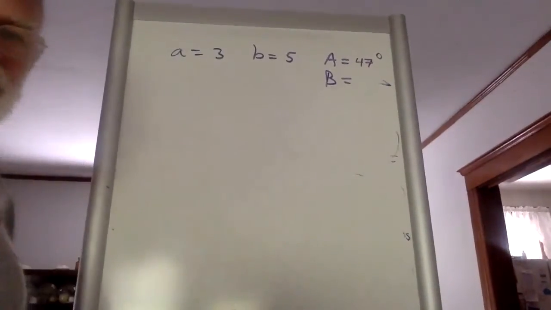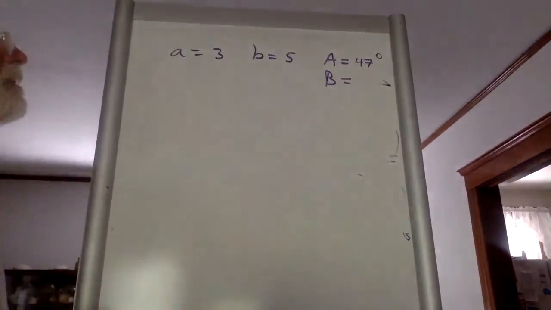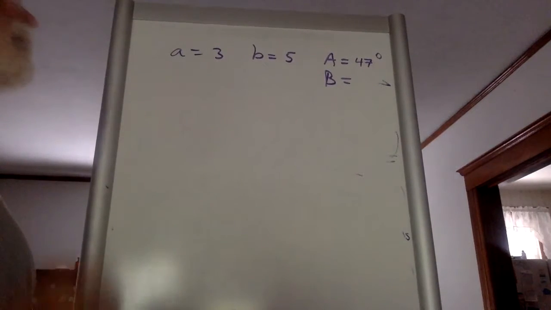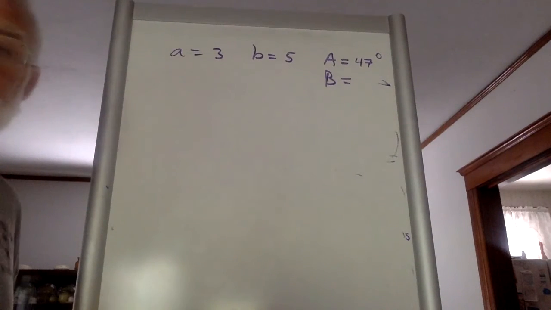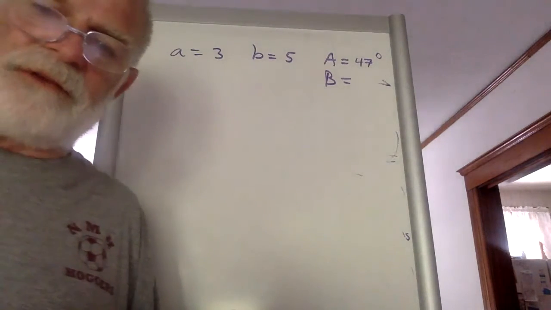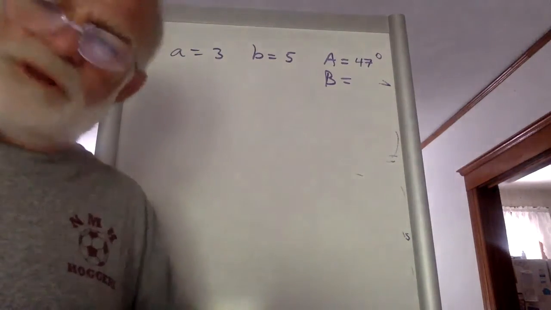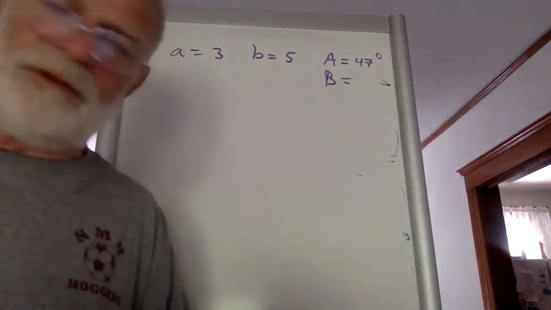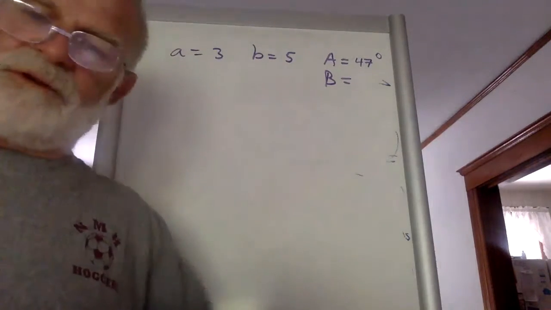Little a is 3, little b is 5, A is 47, B is what? Now we're not solving the entire triangle. Solving the entire triangle is all 3 sides, all 3 angles. We're just getting practice solving one missing piece. But if you can solve one missing piece, you should be able to solve the rest, okay?